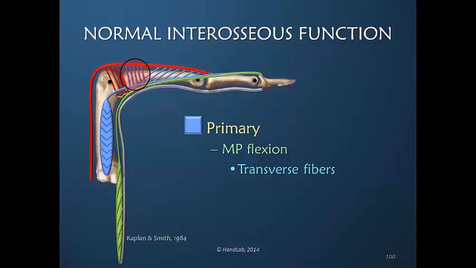The interosseous muscle is very important for normal grip strength, and this is occurring by a pull of the interosseous muscles more directly through the transverse fibers, because the transverse fibers are a more direct line of pull when the metacarpophalangeal joint is in flexion.